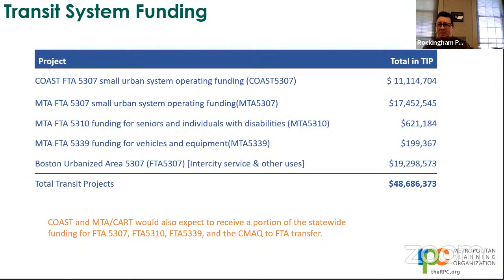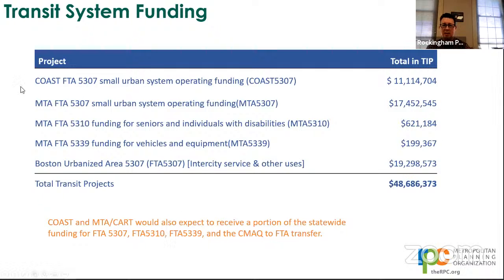All right. So moving along, the transit system funding, and I may ask Scott to chime in on this as well. In the last iteration of the TIP, we changed how transit projects were listed in the document, and so they're grouped by agency and funding source.